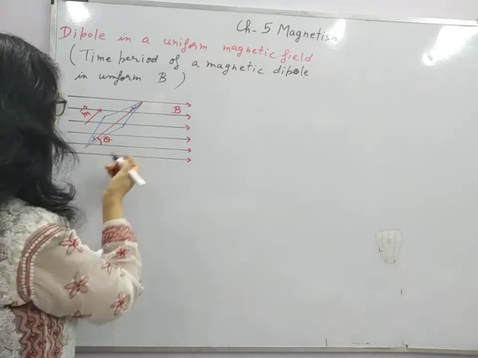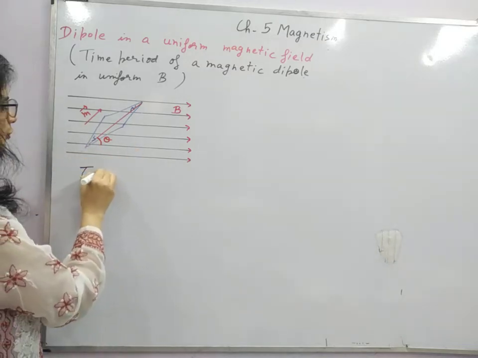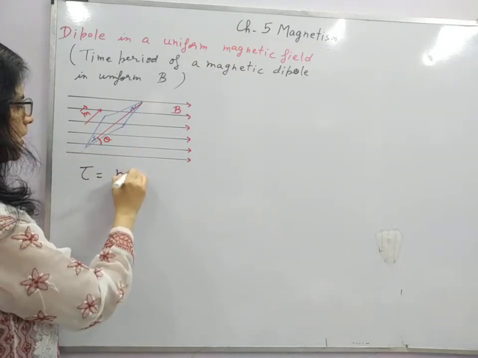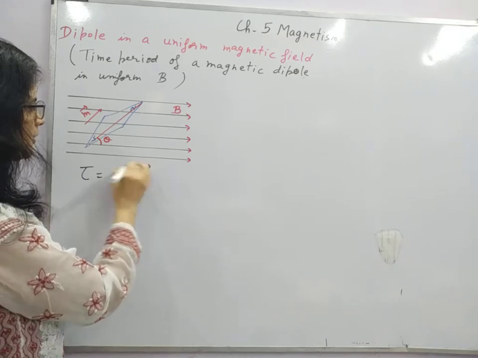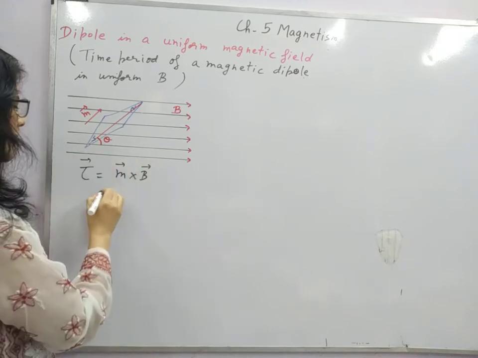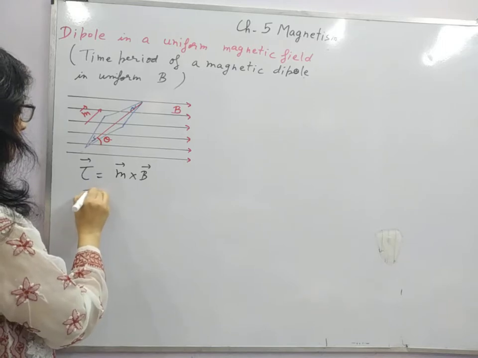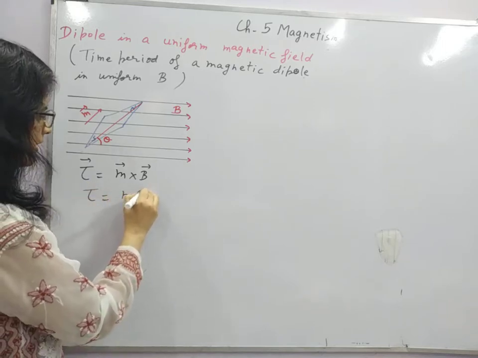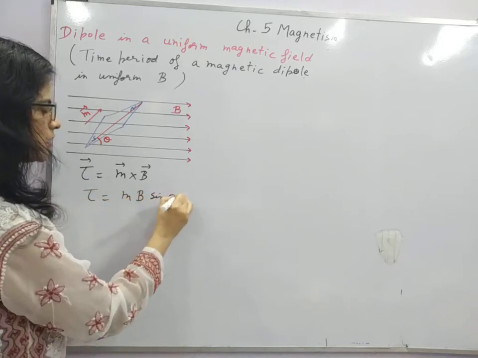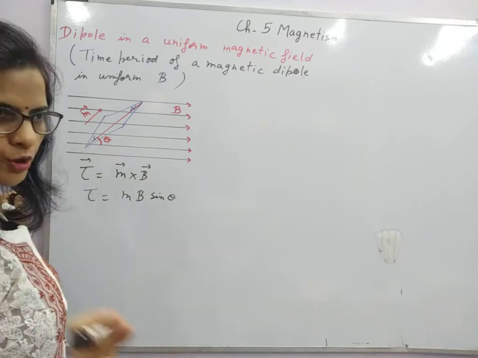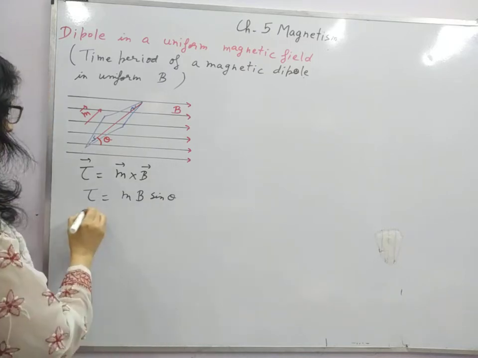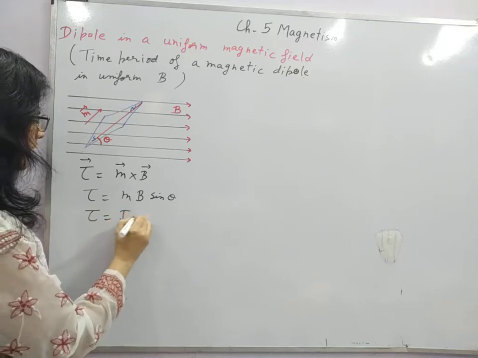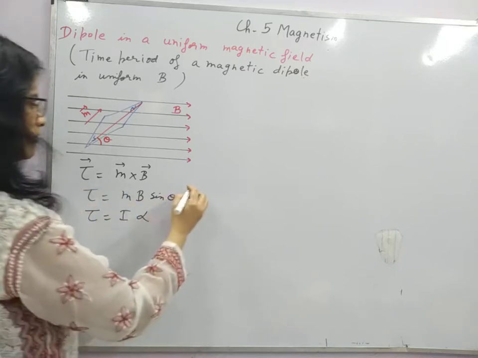Now in this case we know what the torque formula is. Torque is m cross B. If I want to write the magnitude only, I can write mB sine theta. In rotational motion, which you studied in class 11th, we know that the formula for torque is I alpha, right?